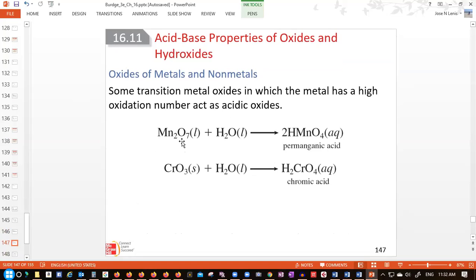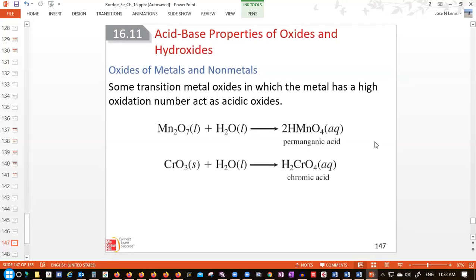For some metals, some transition metal oxides react with water to form acidic oxides, like this one, permanganic acid. Those are special cases. Just want to show a few of those here, like this chromic acid also. So those are transition metal oxides reacting with water to form acids.